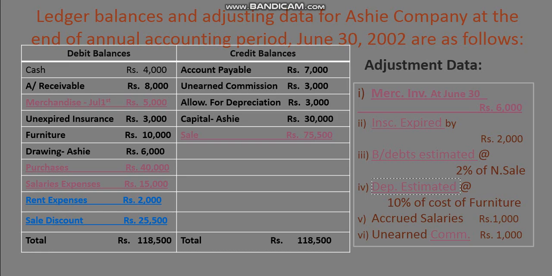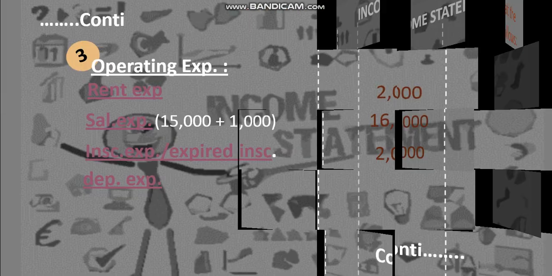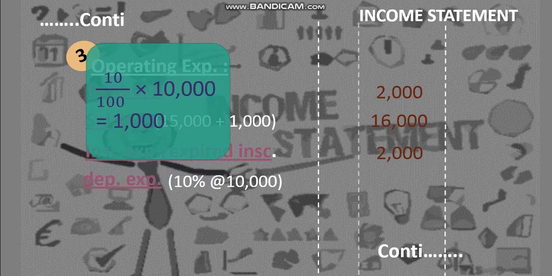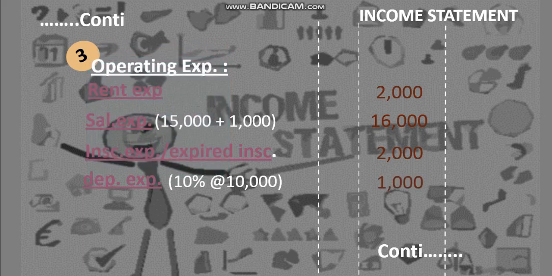So we just take the depreciation expense, that is 10% of the cost of furniture. On the debit side, you can find the furniture cost, that is 10,000. So 10% of 10,000 is 10 upon 100 multiplied by 10,000. When you simplify it, you will get 1,000. So depreciation expense is 1,000.